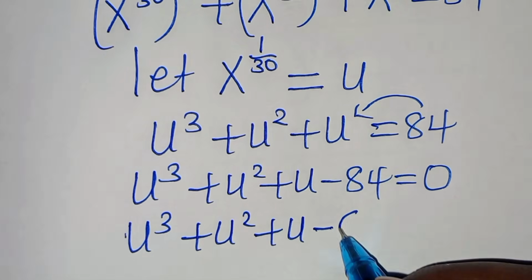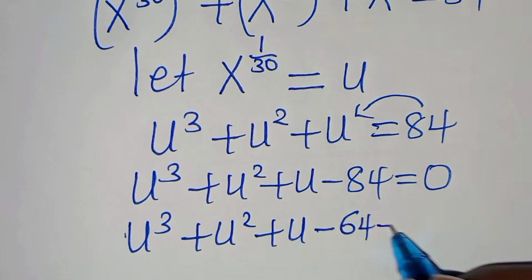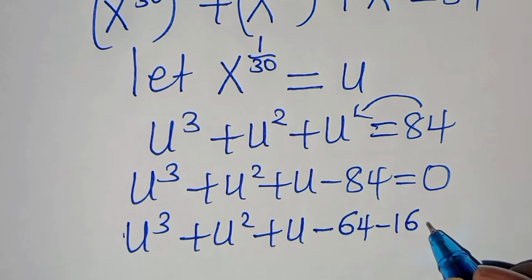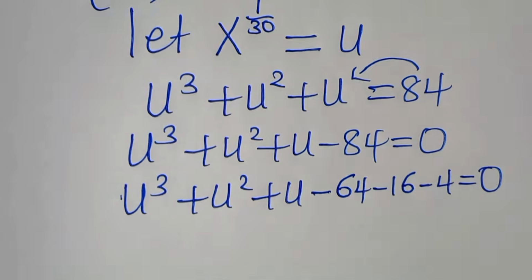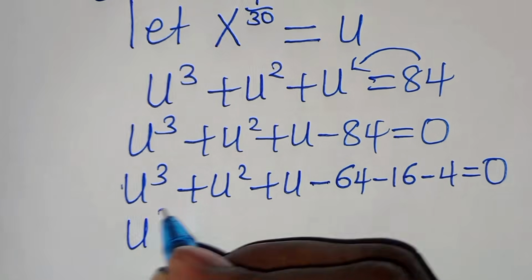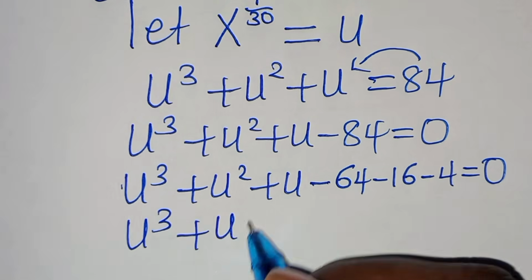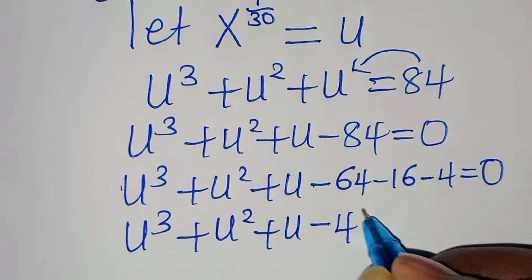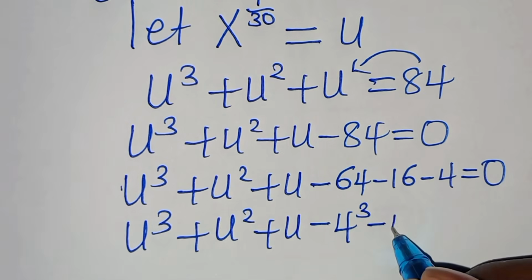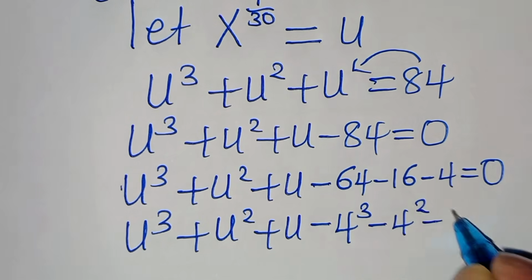So we have u to the power of 3 plus u to the power of 2 plus u minus 84. This is the same thing as minus 64, minus 16, minus 4. This is equal to 0. So this is u to the power of 3 plus u to the power of 2 plus u minus 64, which is 4 to the power of 3, minus 16, which is 4 to the power of 2, minus 4.